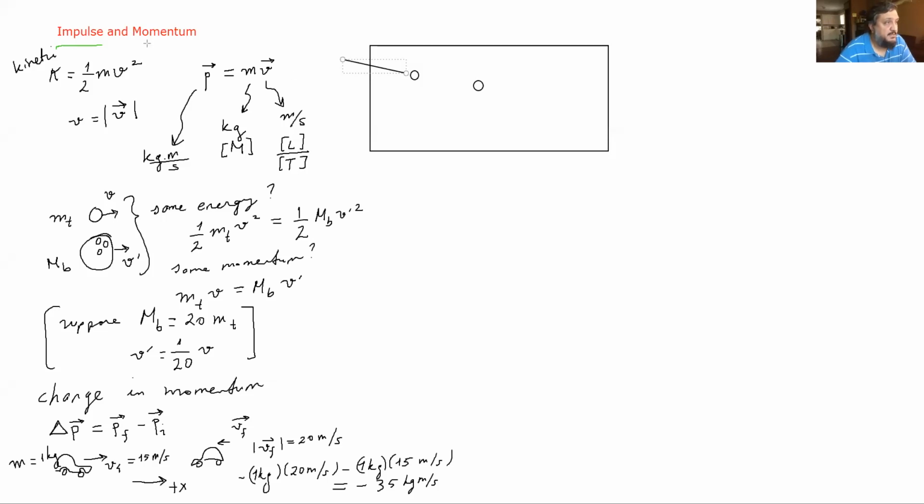So the initial velocity, let's use a different color, red, will be pointing in that direction. This is the direction of the velocity of the cue ball that you're hitting with the stick, right? So let's call this V1.